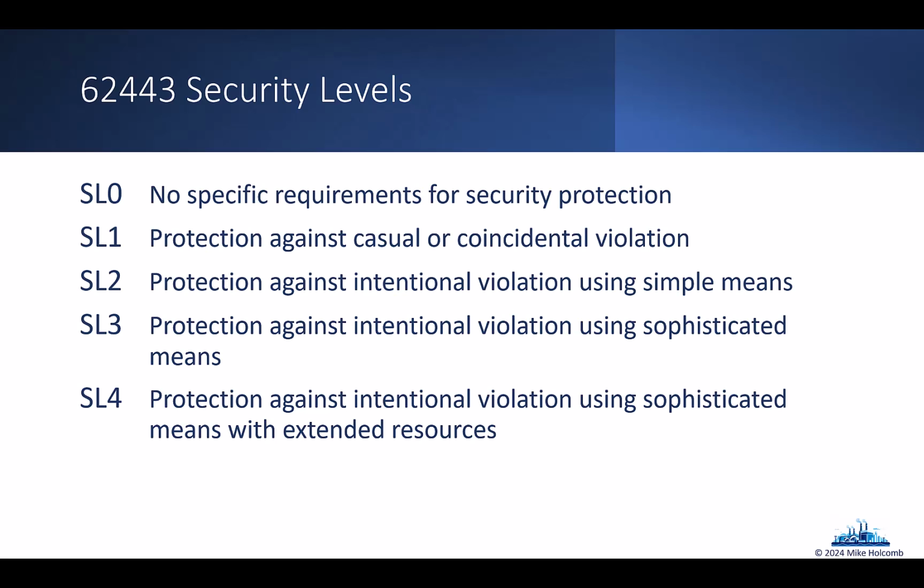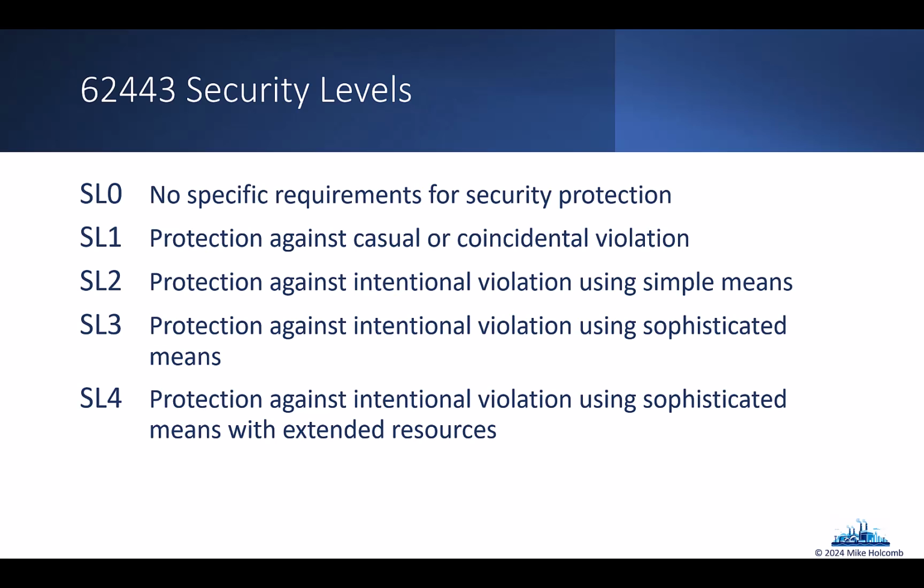What that means is we need to be protected against advanced nation state actors. Well, no security doesn't cost anything. If I want to protect against advanced nation state actors, there's significant cost. And even then, are we really 100% protected? So you can think of this as a sliding scale of how much security we are going to apply and how much it is going to cost.